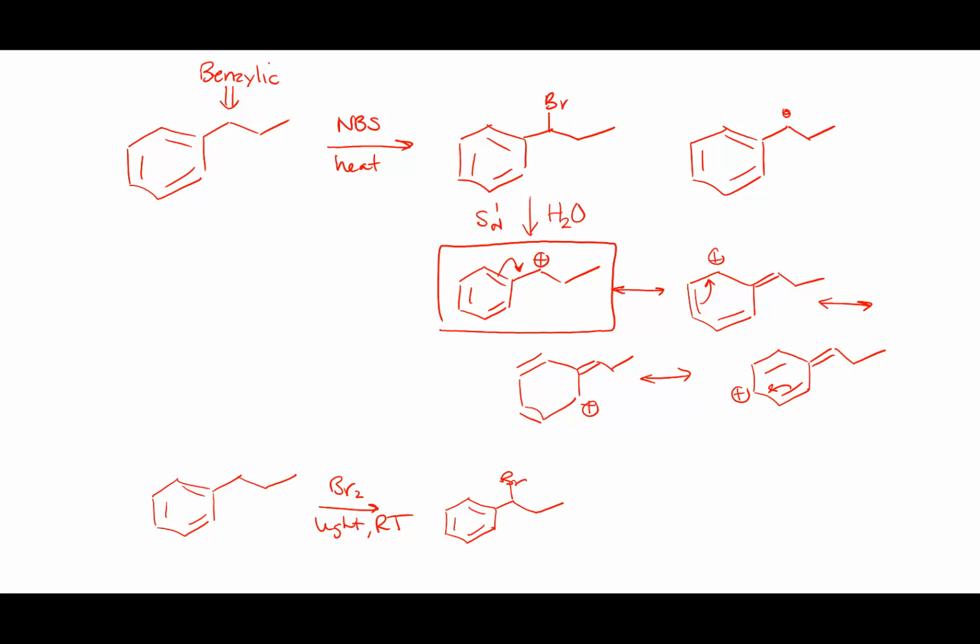So, let's see. What else can I do to the side chain? How about a new reaction that you either did in lab or you will do in lab tomorrow? And that is, where'd my benzene ring go?